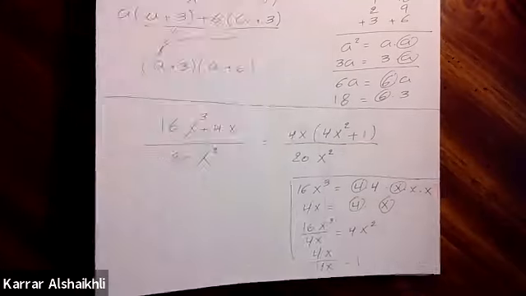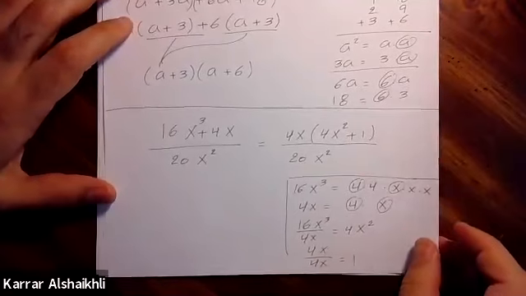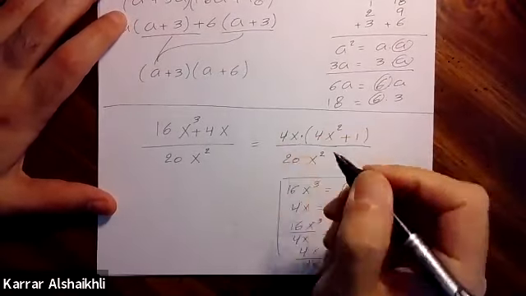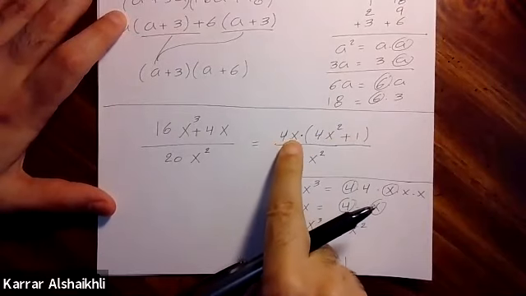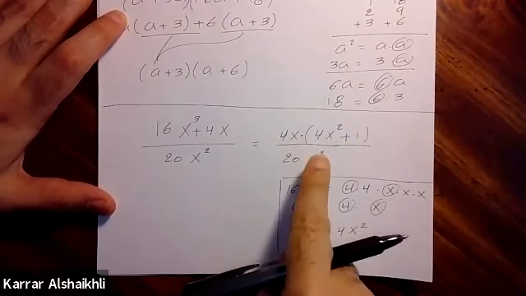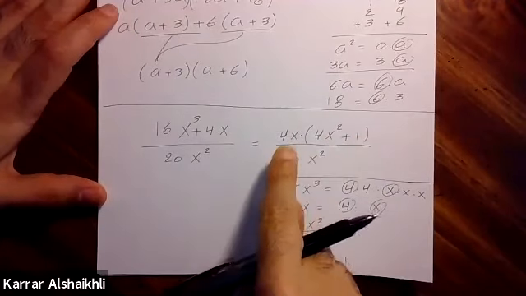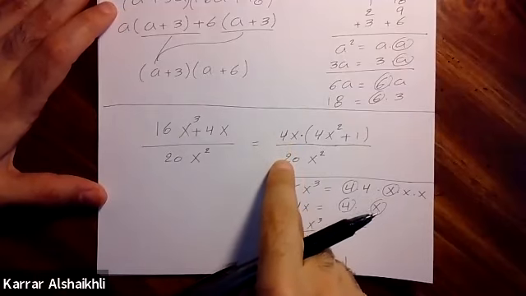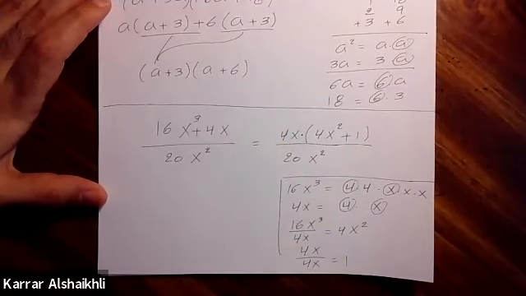Now, here's the question. We have to simplify. Why? Because it's multiplication between 4x and the parentheses. So I can simplify the numbers and the variables. 4 with the 20, if you simplify it, how much is going to be the result?